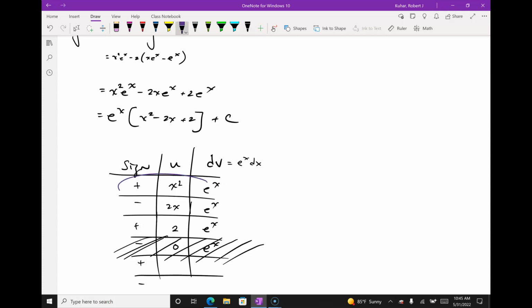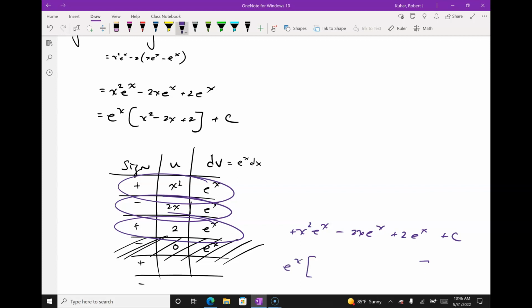So multiply plus, multiply plus, multiply. So I got x squared e to the x minus 2x e to the x plus 2 e to the x plus c, right? But I can see that I can make this first piece look a little bit better by factoring.